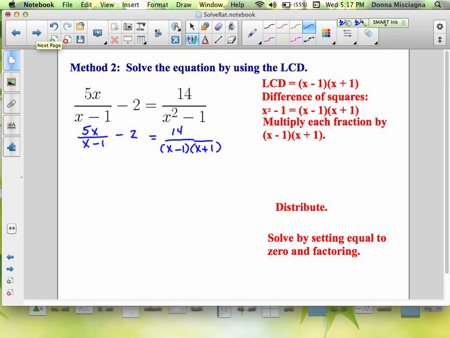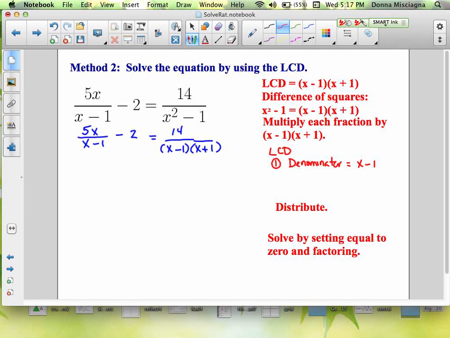All right, so the least common denominator, let's figure out what we have in the denominators, the unique factors, and then we'll see how many times each occurs. All right, so in our first expression, the denominator is an x minus 1.